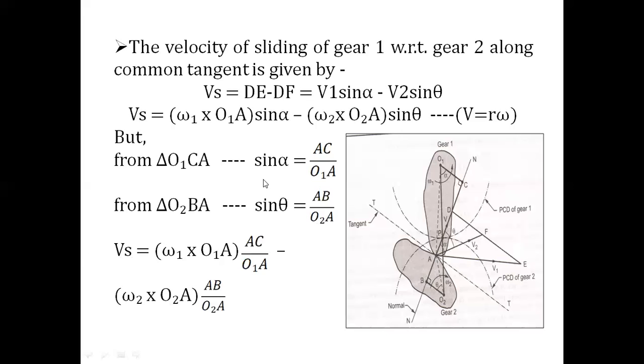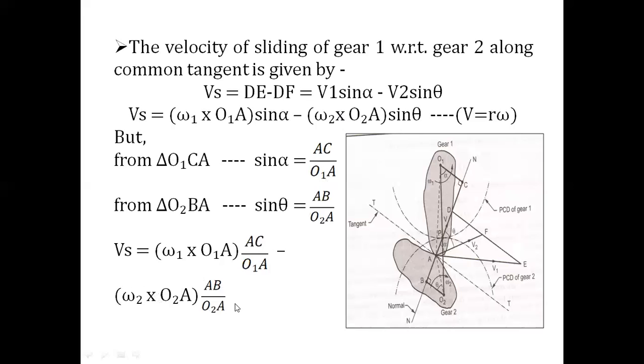So putting the values of sine alpha and sine theta in the velocity of sliding equation, the velocity of sliding is equal to omega 1 into O1A into sine alpha, which is AC divided by O1A, minus omega 2 into O2A into sine theta, which is AB divided by O2A.